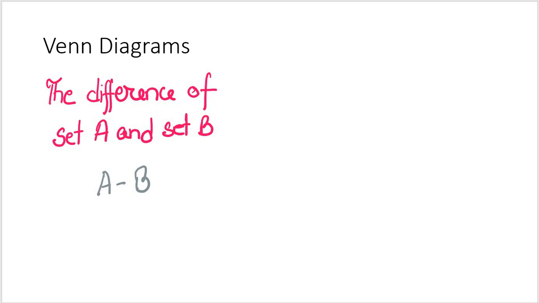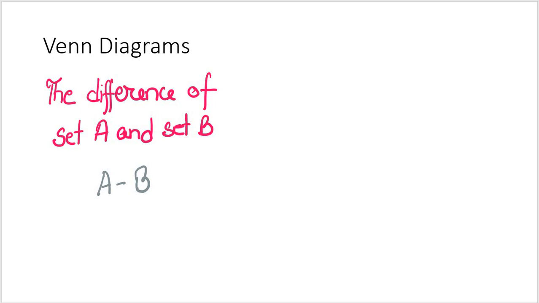That means I'll exclude the elements of B from A, and the remaining part will be the difference, or the set difference, of A and B, which is A minus B.